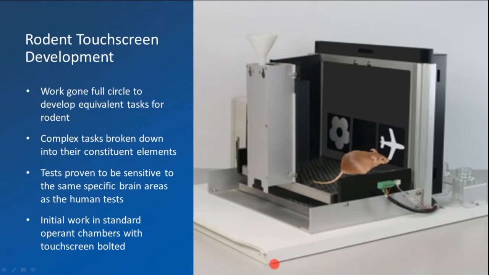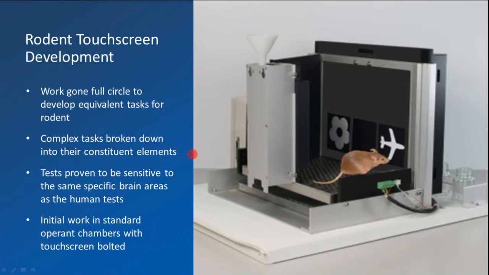As I said before, the human Cantab tests were originally based on work done with animals, and many of these were rodent tests. Work has now gone full circle to develop rodent tests equivalent to human Cantab tests by developing a touchscreen medium for rodents. A lot of this work has been done at Cambridge University by Tim Bussey and Bussey-Saksida's group.